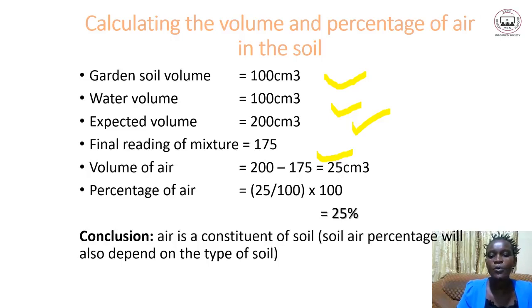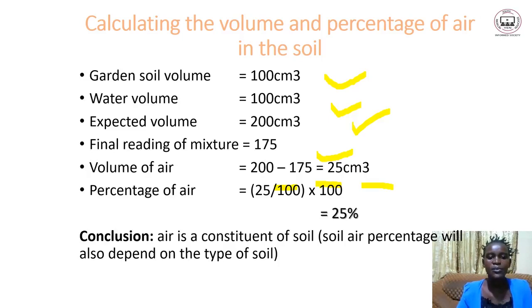It means the volume of air will be 200, that is the expected volume, minus the final reading of the mixture. The final reading we said is 175 cubic centimeters. So the volume of air is 200 minus 175, which gives us 25 cubic centimeters.